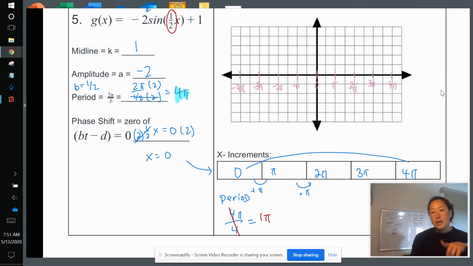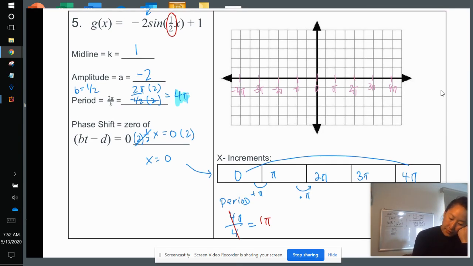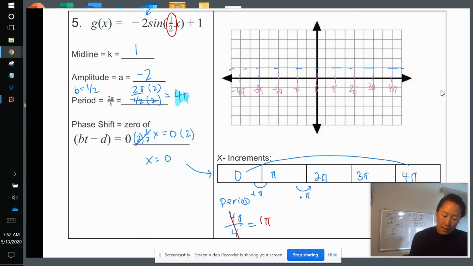Do you always have to skip 2 lines right here, like 1, 2, 1, 2? No, I just do it because it makes it easier for me to write in the numbers. But if you want to squish up the graph, that's okay. All right? Yeah, that's fine. Okay, midline at 1. Amplitude: we're adding 2 and subtracting 2 from the midline.